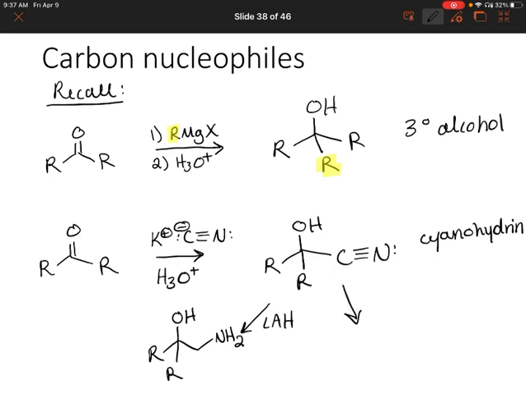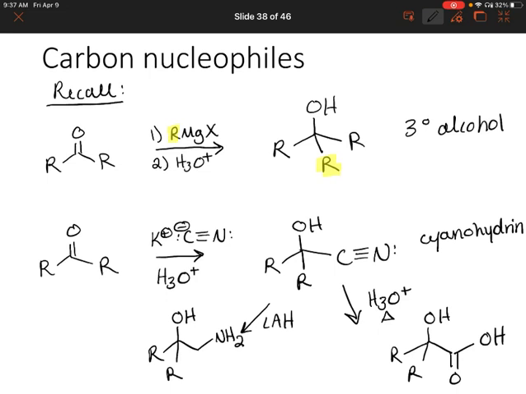So this would be a hydrolysis reaction. And that's going to turn your cyanide group into a carboxylic acid. Let's see, I'll just draw it this way. There we go. So on that molecule, now you have an alcohol and a carboxylic acid. So there's a lot you can do with some of these reactions here.